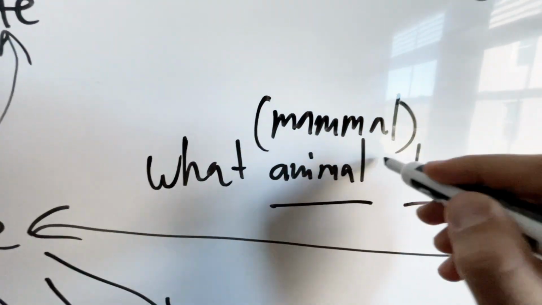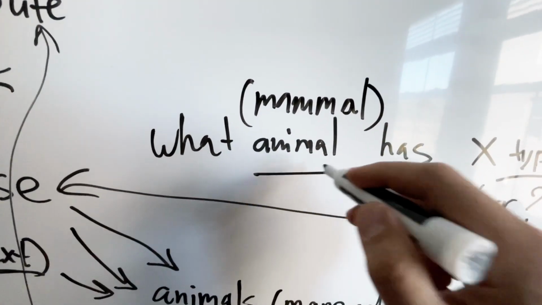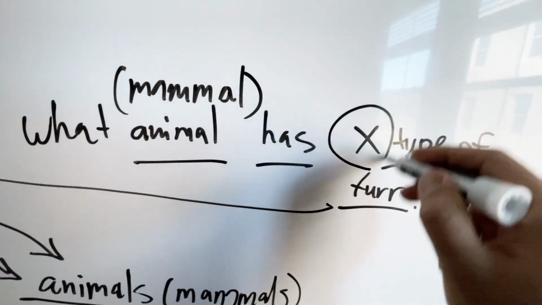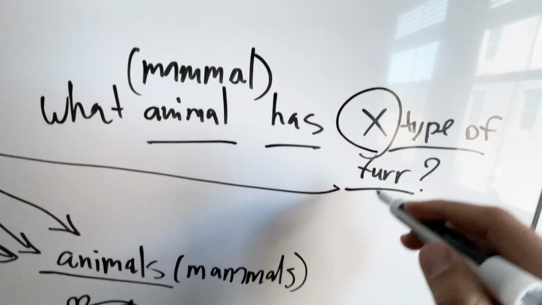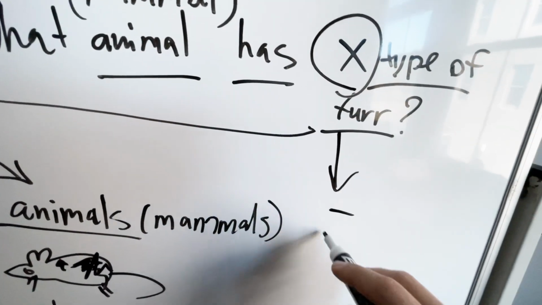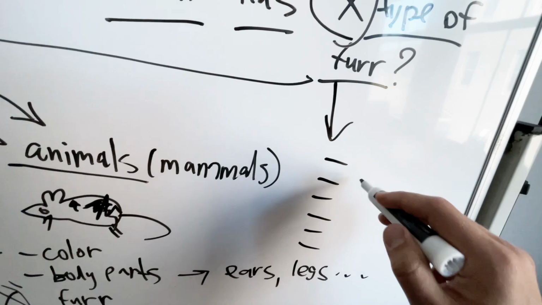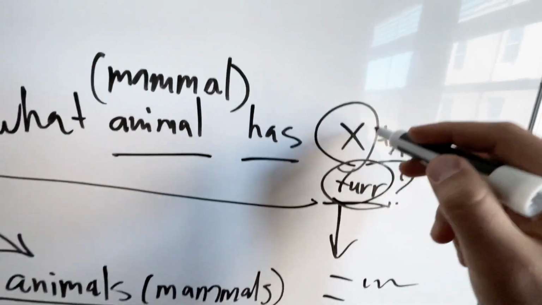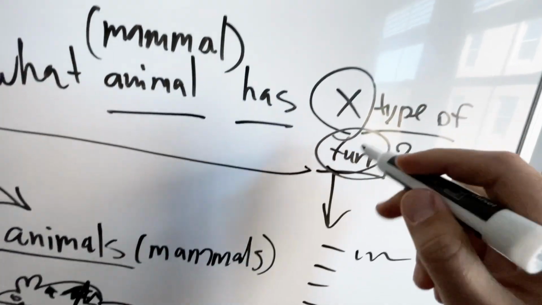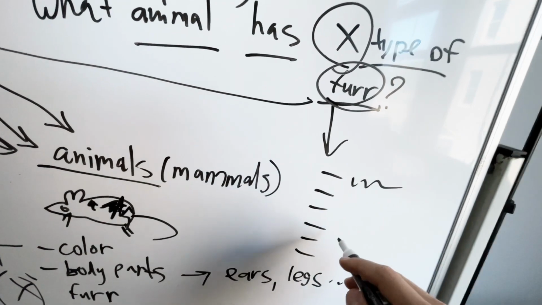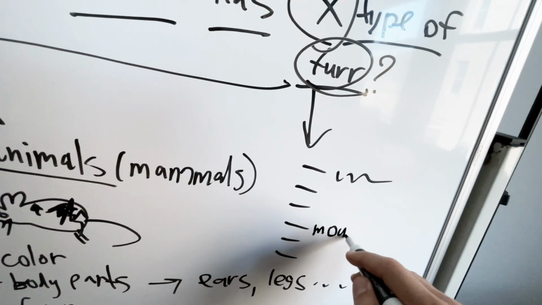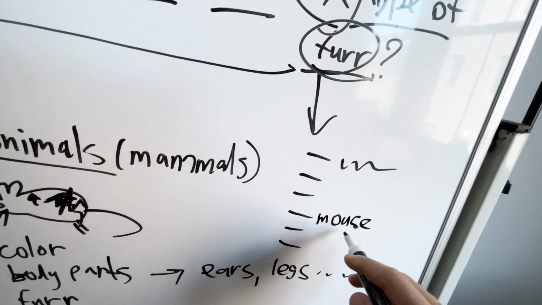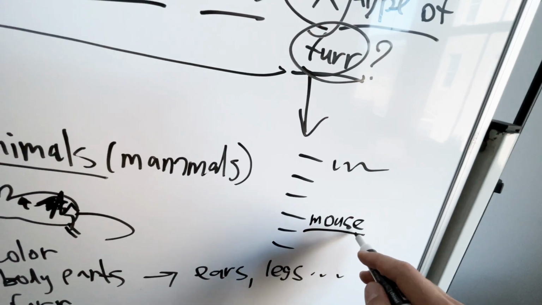That would be more specific than an animal that has X type of fur, and it's gonna give you a bunch of entities that have this type of fur, and this is going to be like a value, right? So one of these would be mouse. And you might say, oh, that's what I was looking for.